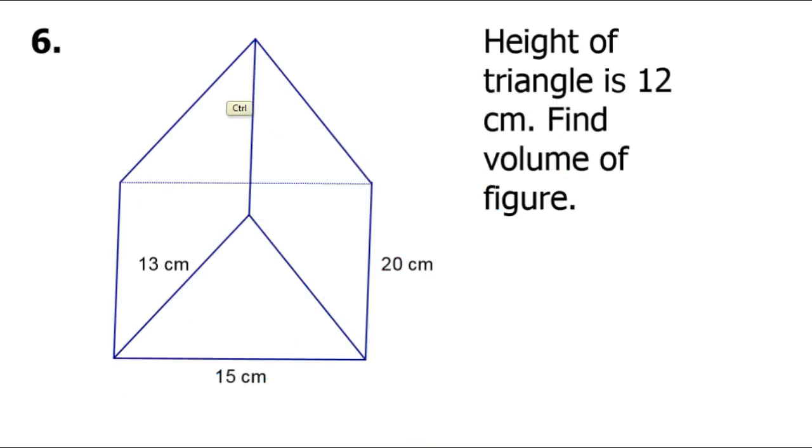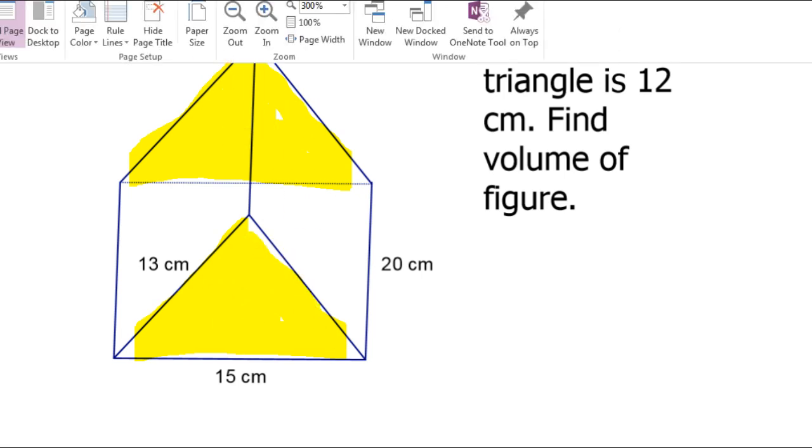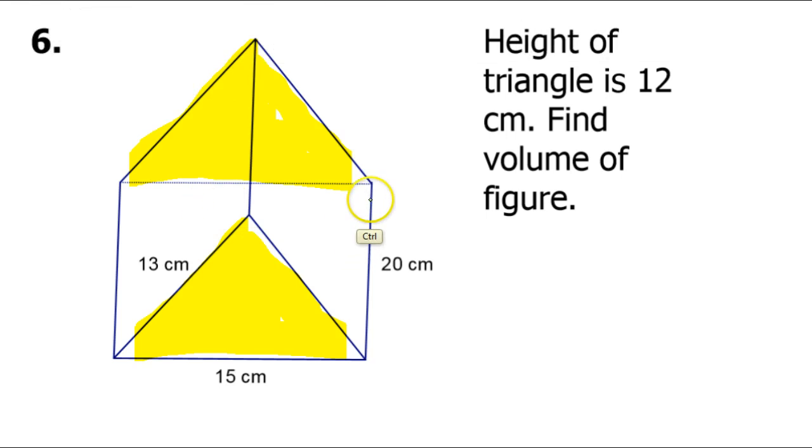Number 6 is another prism. So again, the base is a triangle. Notice I have a triangle here, I have another triangle here. These are congruent. These are the 2 bases. Once again, the distance between the bases is the height.